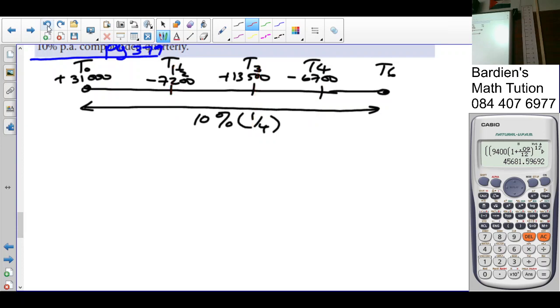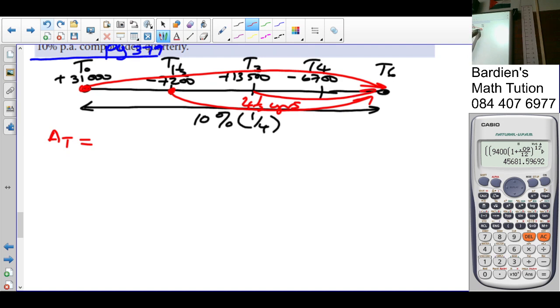So your total is going to be, I'm going to consider 31,000 rand for 6 years. That's 7,200 rand for how many years? From 1.5 to 6, it's going to be 4.5 years. From there to there, it's 3 years. And there's going to be 2 years. Are you all okay with that?